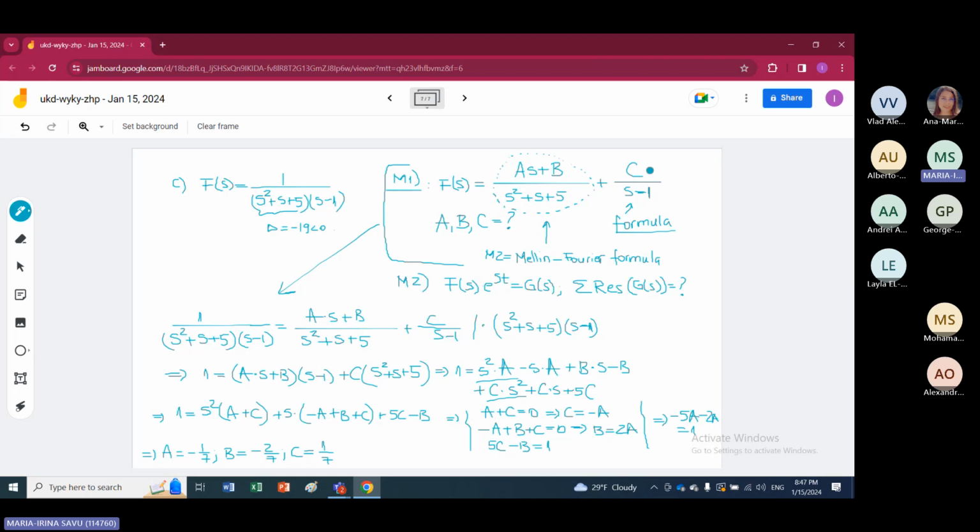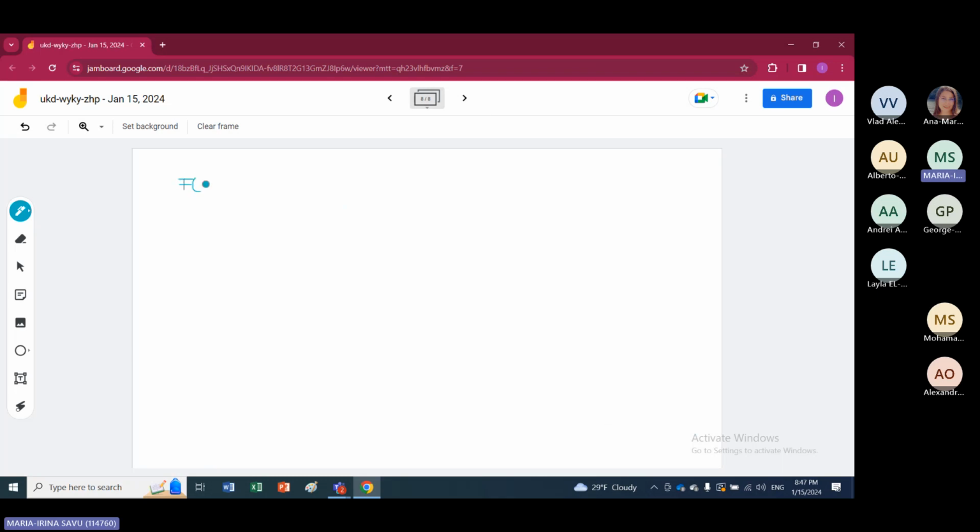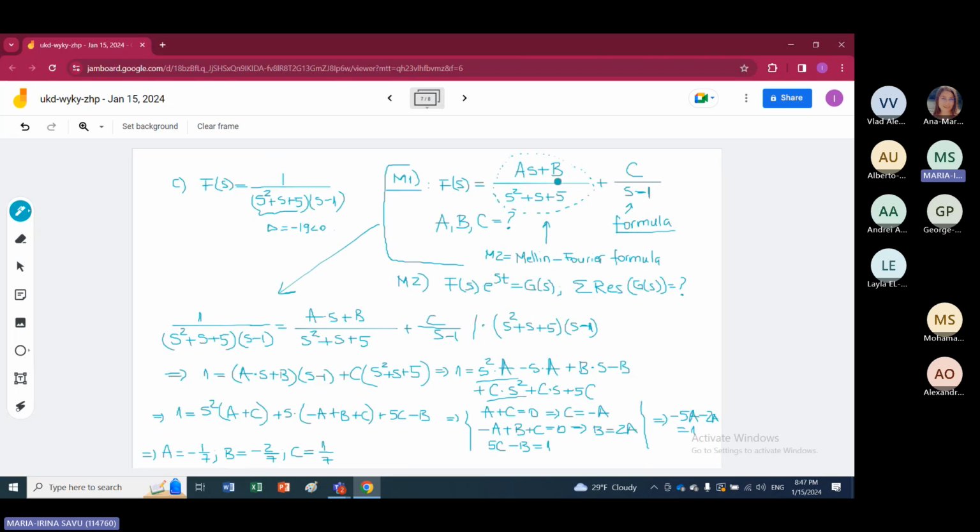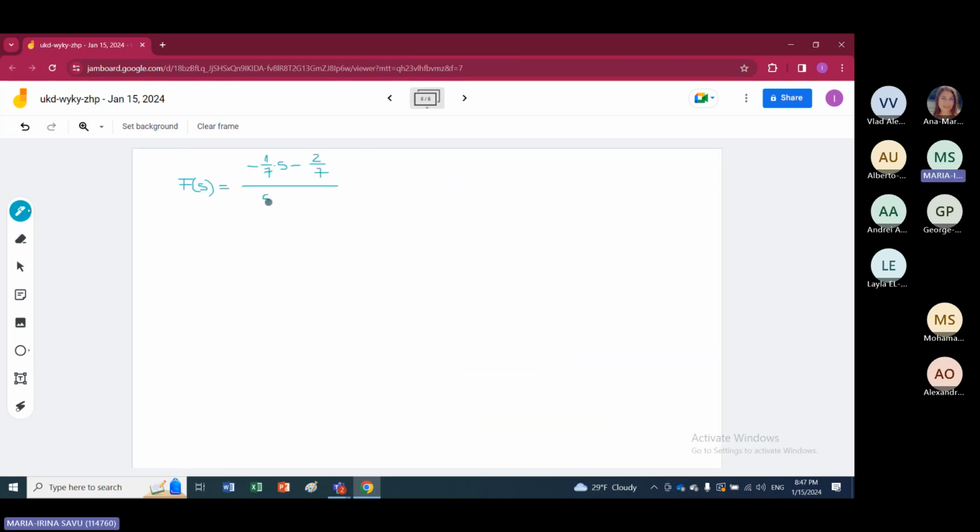And these are the coefficients. For the last fraction, we know the original function. And we have to replace here A and B to see the original function for this one too. So f of s is minus 1 over 7 times s minus 2 over 7, these were A and B, over s squared plus s plus 5.